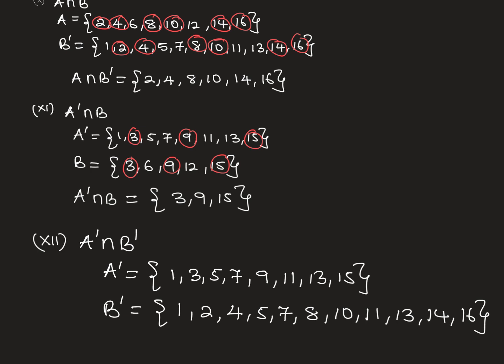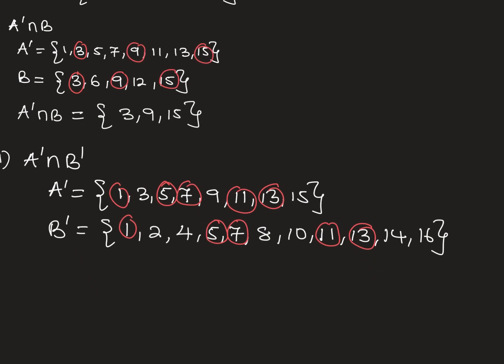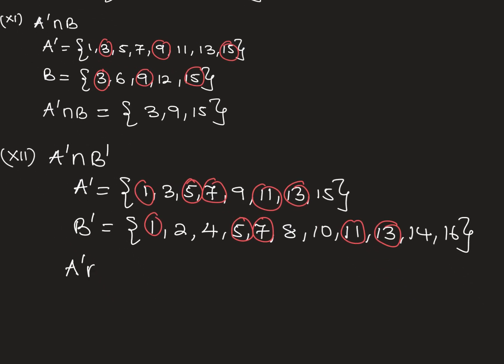So intersection means members that are common, right? So what are common in A complement and B complement? 1 is there, 5 is there, 7 is there, 11 is there, 13 is there, and that is it. So answering the question, A complement intersection B complement will be 1, 5, 7, 11, and 13. And that answers the question.